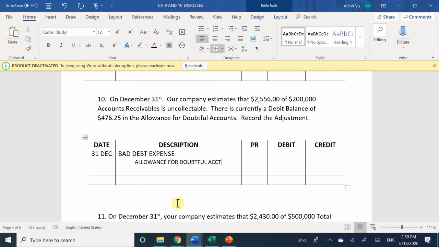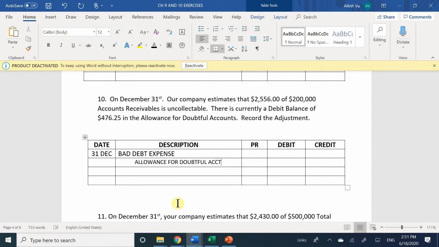Yeah. So the key factor here is determining what the balance of the allowance for doubtful accounts is. If it's a debit balance, what do we do? Add. We add. Correct. And if it's a credit balance, we subtract. So David, you just did the opposite thing.